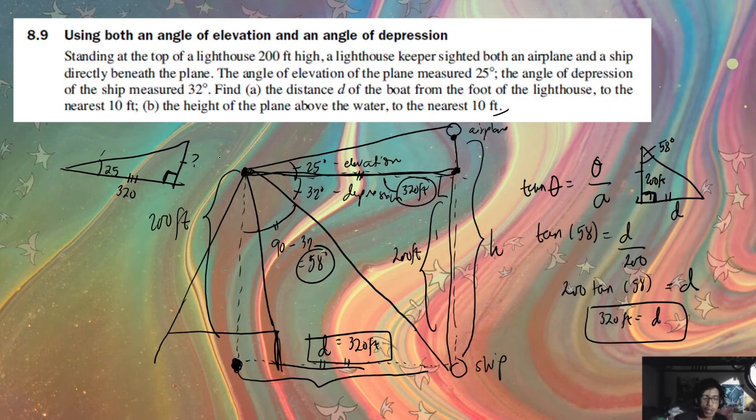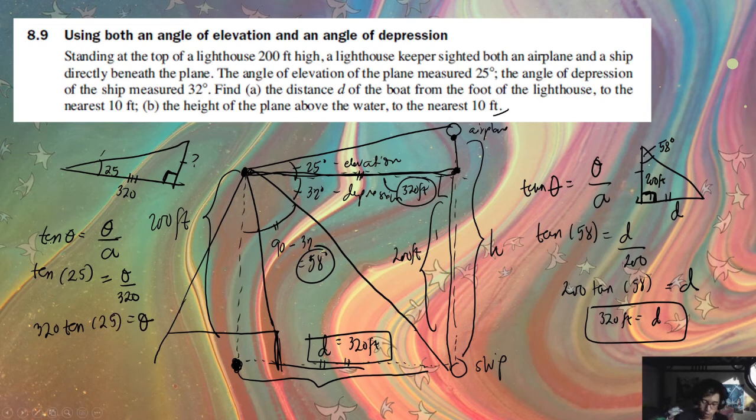We have an opposite over adjacent, so again we use tangent theta. Tangent of 25 degrees equals the missing opposite over the adjacent, which is 320 feet. So 320 times tangent of 25 equals the opposite side.